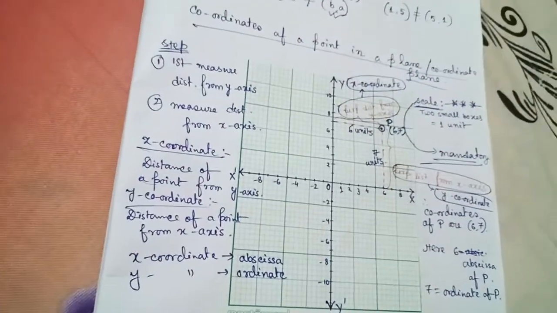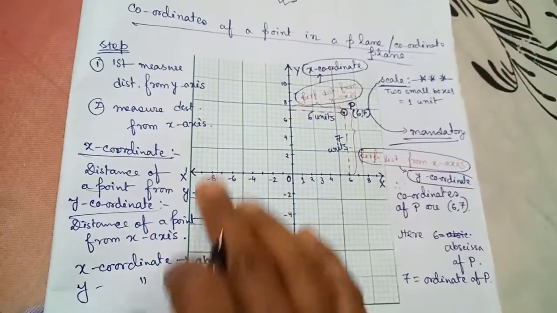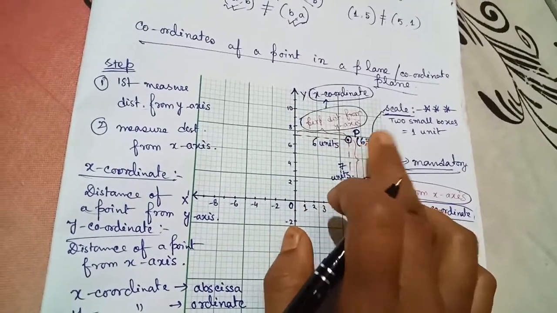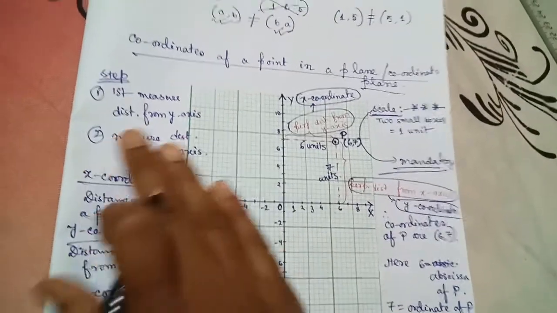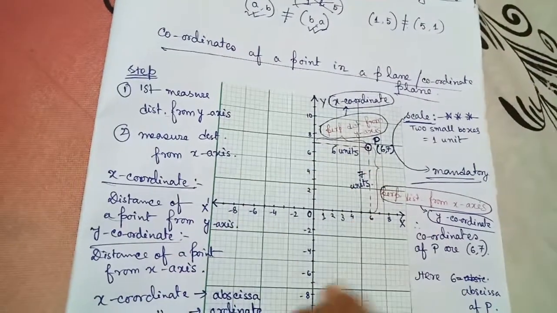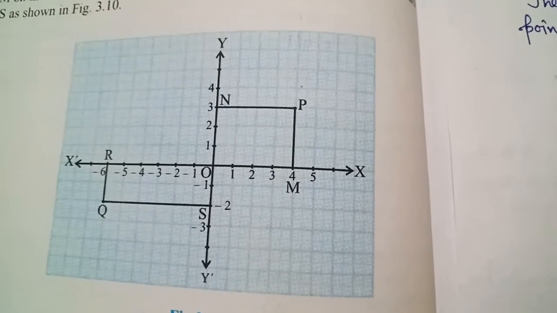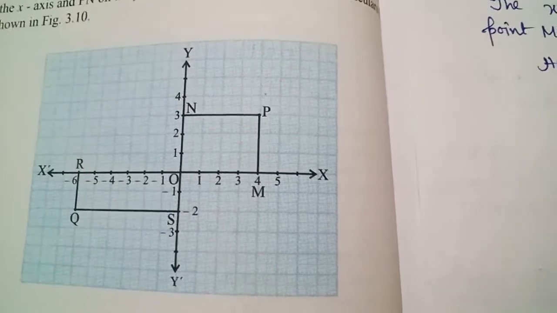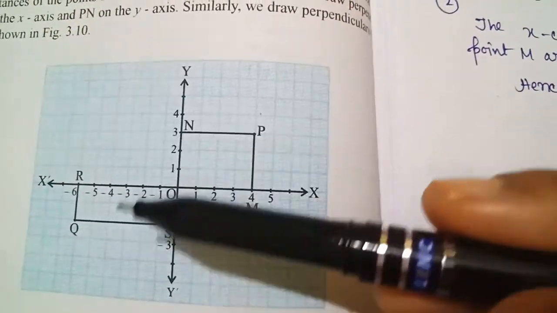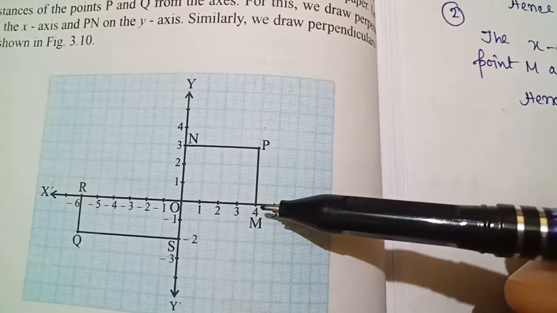Okay, so these are the basic concepts of the whole graphical system, how to plot a point and everything. All the theoretical part before you go to plot a point, everything I have written here. Now look at this figure given in your NCERT textbook. You can see they have drawn a graph and then they have given some points.